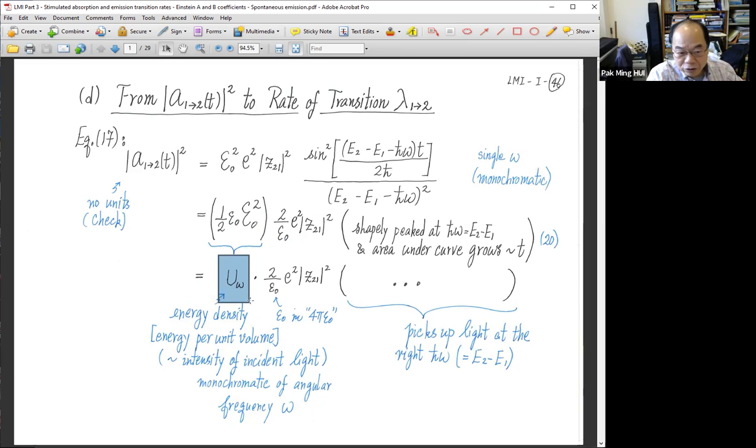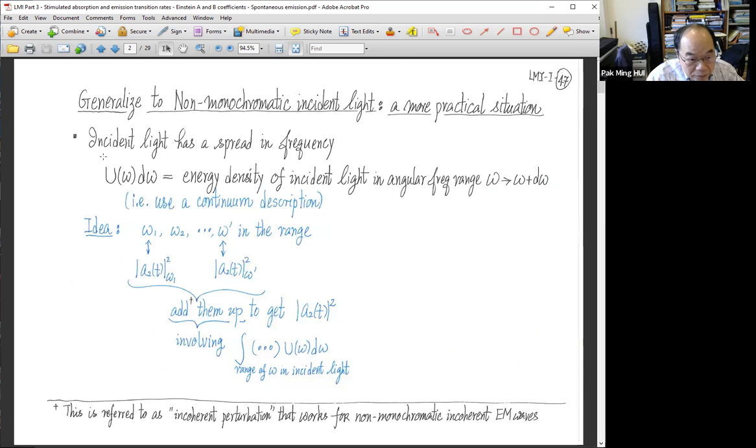Now, this is energy density. This product is energy density. Thereby, this thing alone is energy density divided by an angular frequency, divided by an omega. Okay? So be careful.